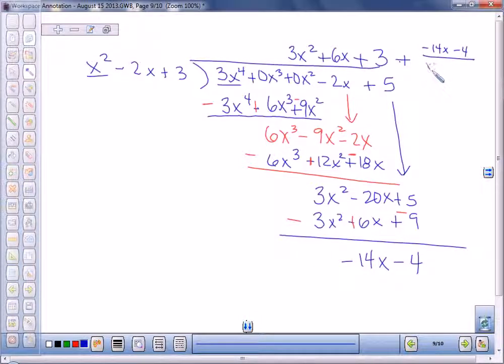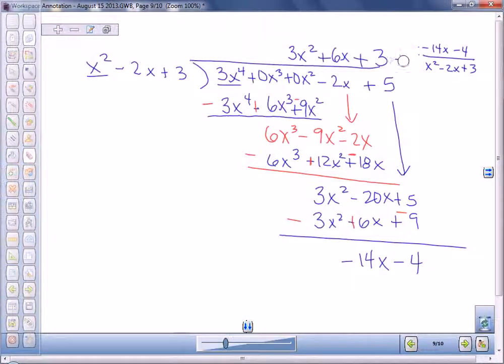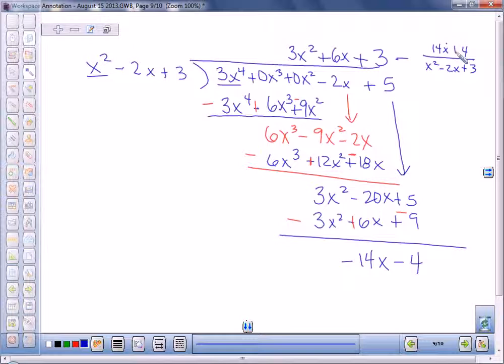You can do it either way. Because that's the same thing, right? Minus this is the same thing as plus this. Okay, good. Phew. Alright, so that is long division.